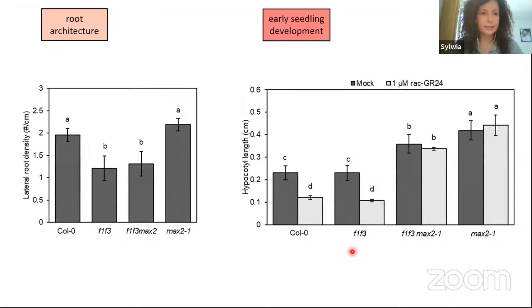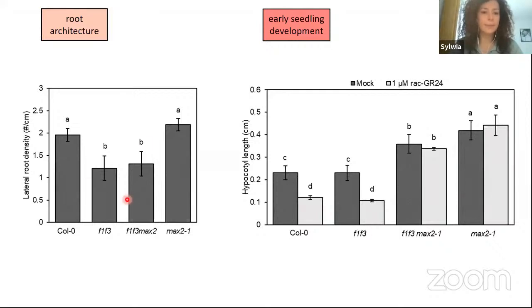In the two assays that I just showed you, lateral root density and hypocotyl elongation, we noticed something interesting: in the triple mutant, we can see suppression of the MAX2 phenotype. This was also observed for SMAXs. The name SMAX actually means suppressor of MAX2.